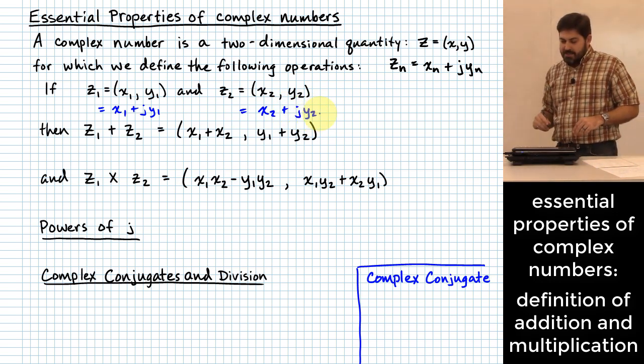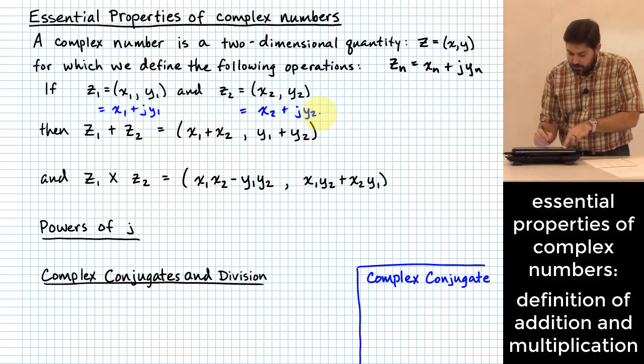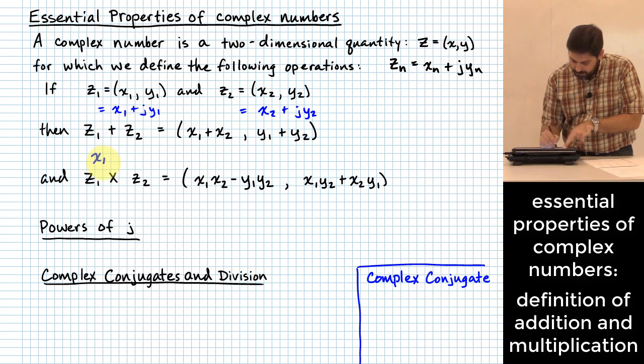So let's try this out and see what happens if we literally just add the way we think we should, add these two quantities together, right? z1 plus z2 would be equal to x1 plus j y1 plus x2 plus j y2.